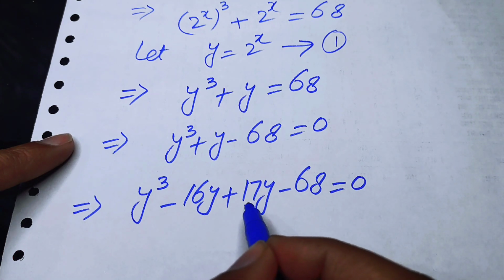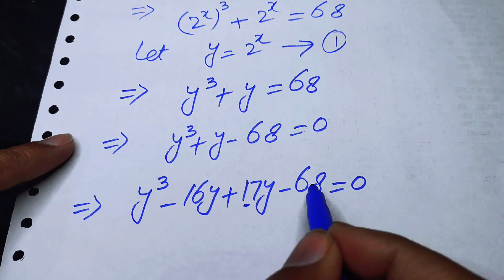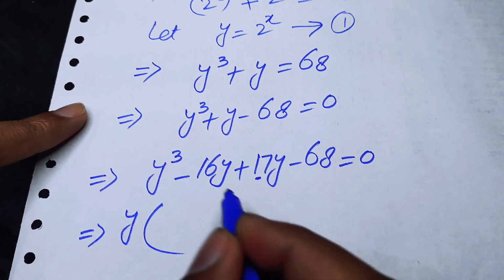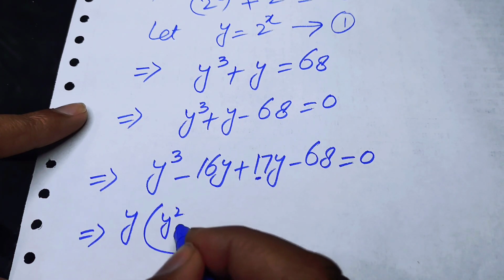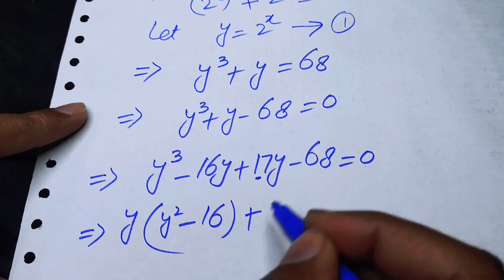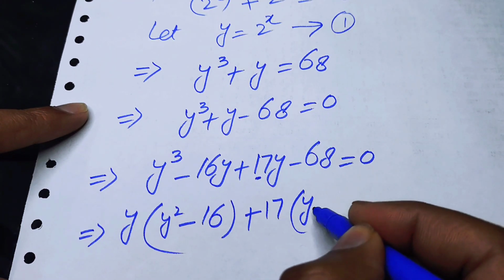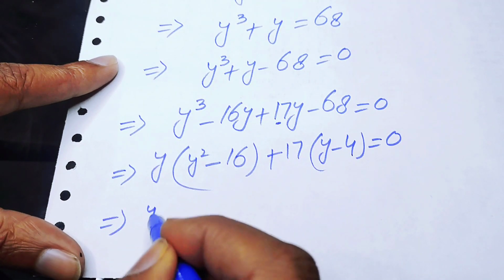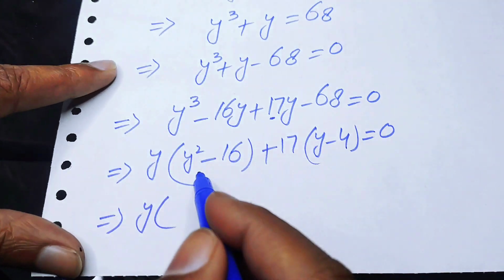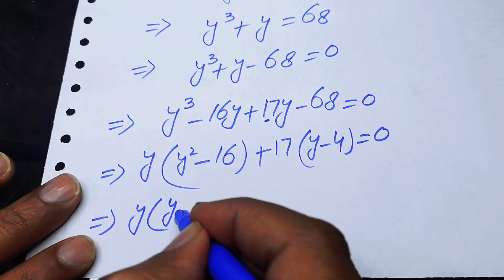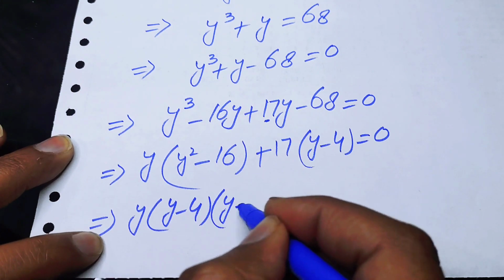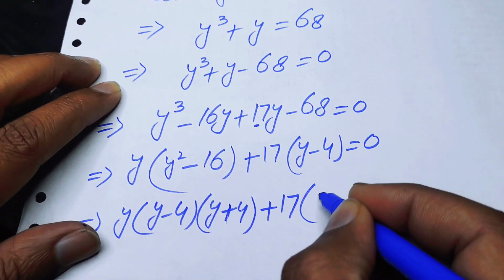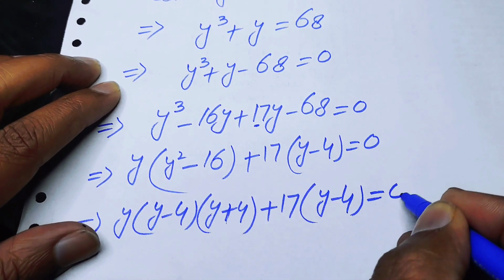Any number here can be divided by 68, so I can write 17 here. Now we take y common and obtain y squared minus 16, plus we take 17 common and obtain y minus 4, is equal to 0. Now we write y squared minus 16 as y minus 4 times y plus 4, plus 17 times y minus 4, is equal to 0.